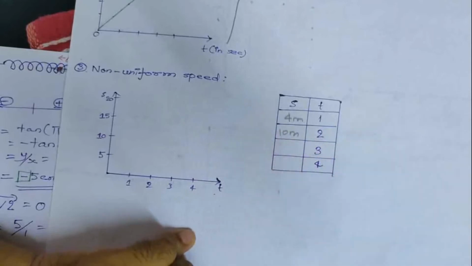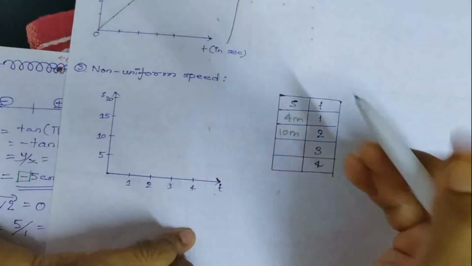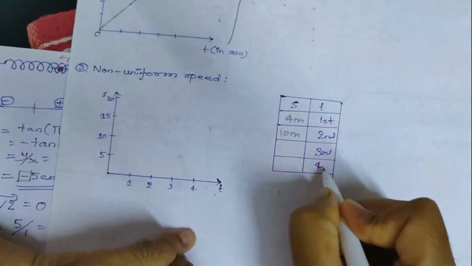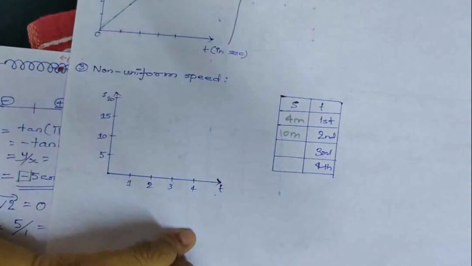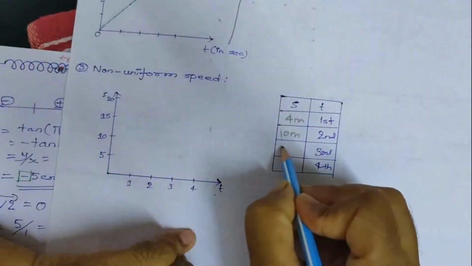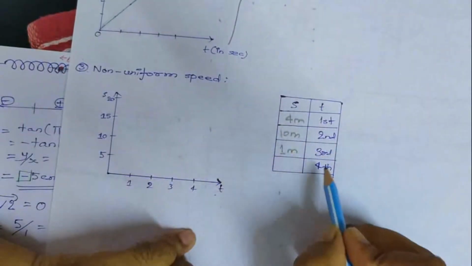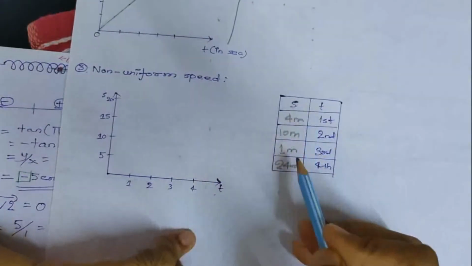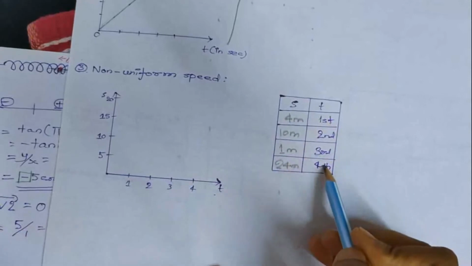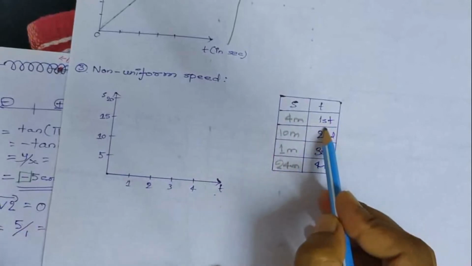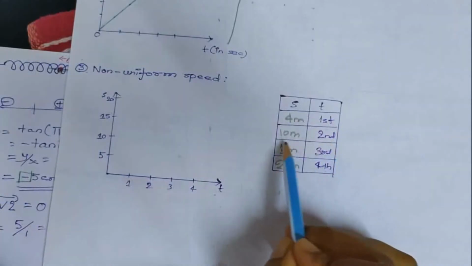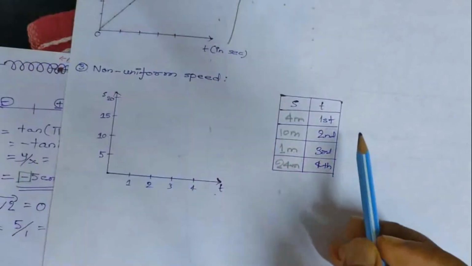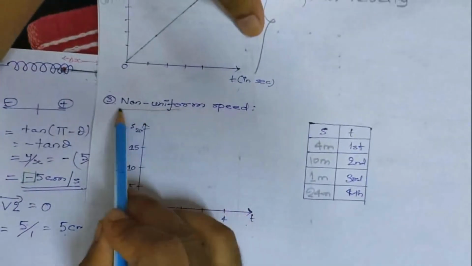And then in third second, sorry, I should write first, second, third and fourth. In third second the object traveled a distance of say 1 meter. In fourth second the object traveled a distance of say 24 meter. What do you see? Per unit time, object is traveling unequal distance, right? So what it demonstrates? Non-uniform speed, right?